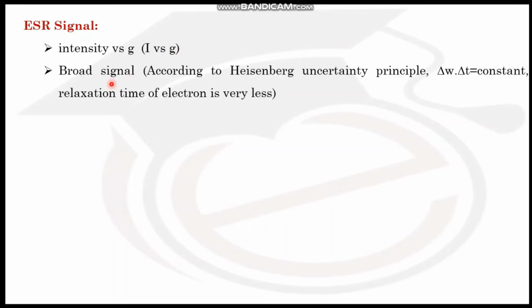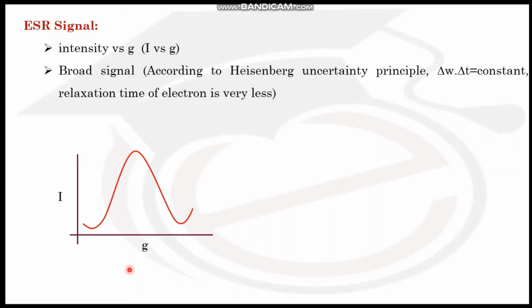Now we can discuss the ESR signal. The ESR signal is a plot of intensity versus g, I versus g. g is what? The g factor. But it gives a broad signal, when we are plotting intensity versus g. Here the broad signal is obtained based on the Heisenberg uncertainty principle. According to the Heisenberg uncertainty principle, delta w into delta t is a constant.